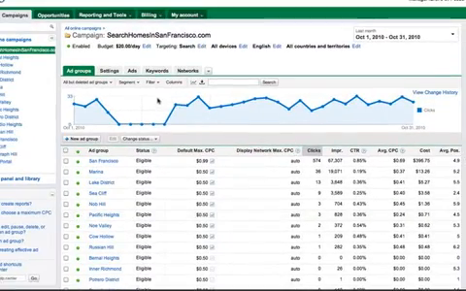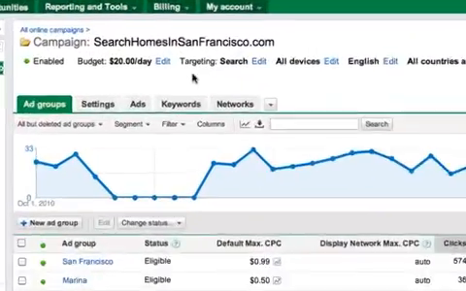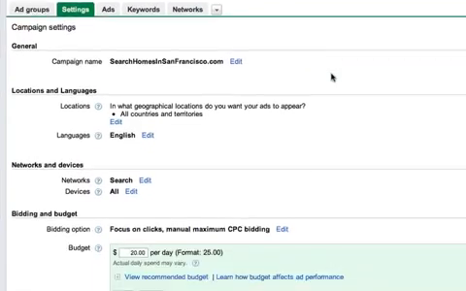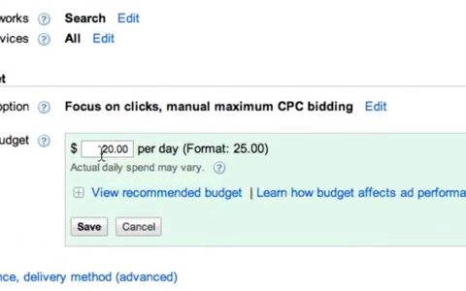So if you want to adjust your budget as well, anywhere you see the budget here, you can click on edit, and that will take you to a section where you can set whatever budget amount you want for your campaign, and you can adjust that every week if you wanted to.